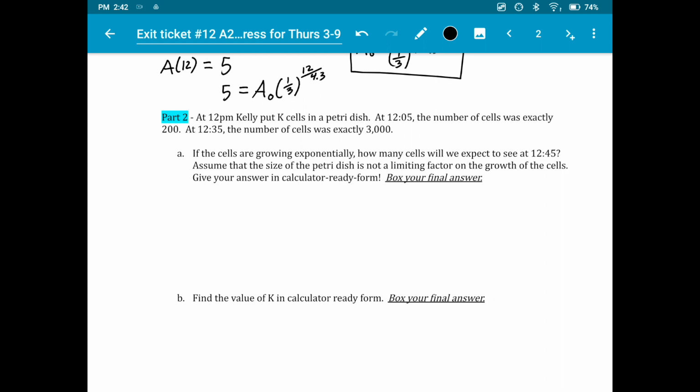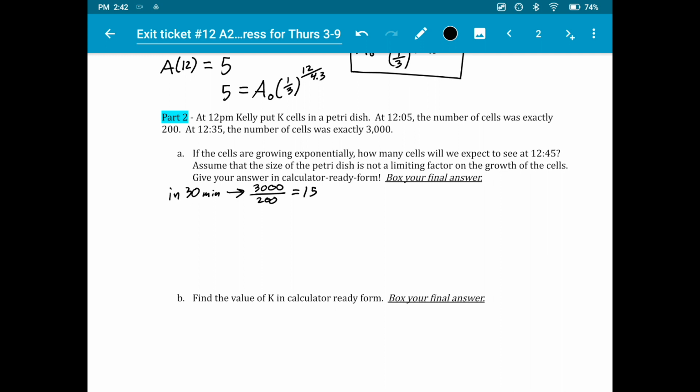So in 30 minutes we went from 200 to 3,000. So we went up by a factor of 3,000 divided by 200, which is equal to 15. So every 30 minutes we increase by 15 times.